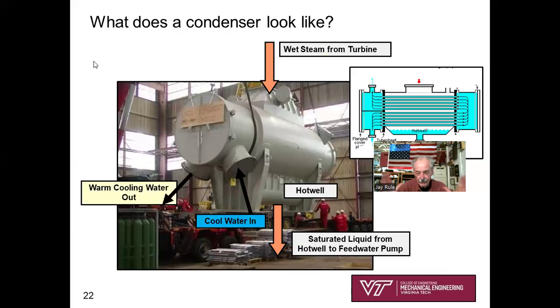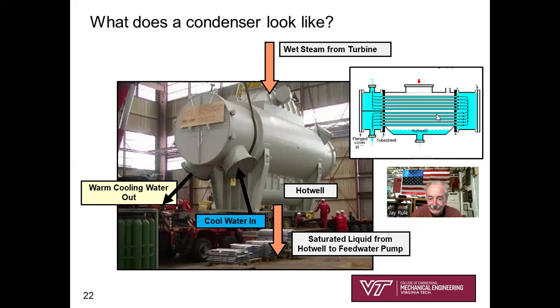This is a better blown up picture of what the condenser looks like. Here's our cutaway sketch with the nice blue cooling water, and here's the photograph. You can see wet steam is coming in. Look at that, it's a square duct coming in. Such a high volume of steam, at a pretty high quality, coming into the cylindrical vessel.